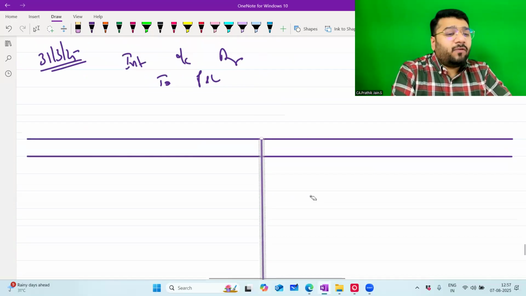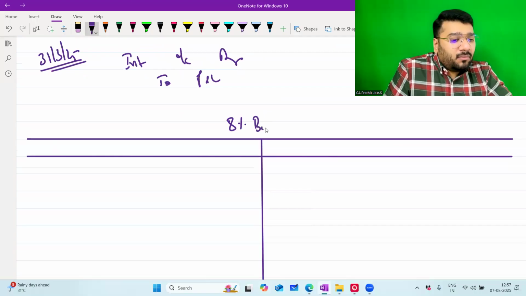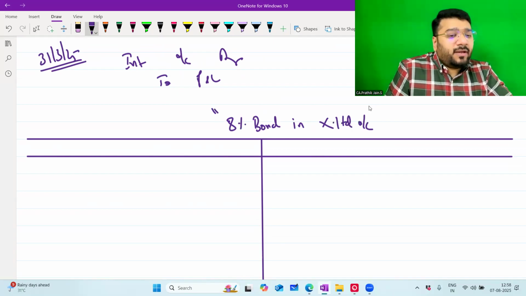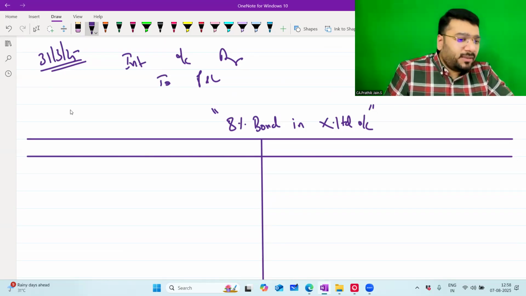Can you please tell me the heading of this ledger? Investment in 8% bond, or 8% bond in X Limited account. Even you can write the words investment in 8% bond in X Limited. It will become a little bit too big, but this also we can do.